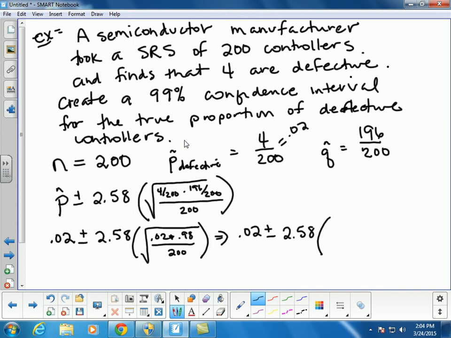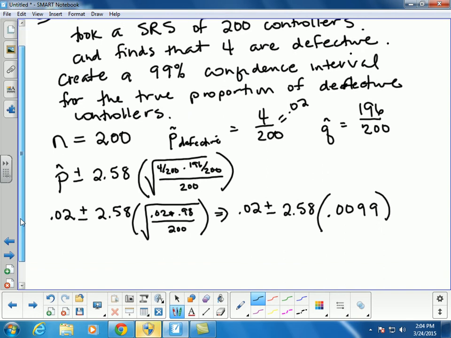I'm going to take the square root of that number, and then I'm going to multiply it by 2.58. And I get 0.0098. It's really 0.0099, right? Okay, so I'm going to keep going there.